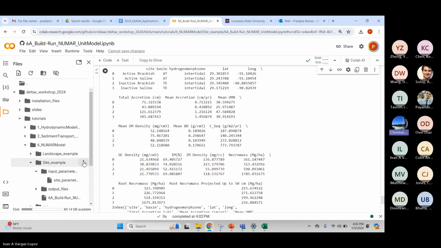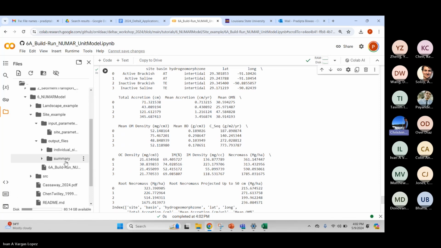On the left-hand bar, you can go to the output files. After the input parameters, there will be output files. If you click there, it will create two subsections for individual sites, and you can download each of the CSV files from here.